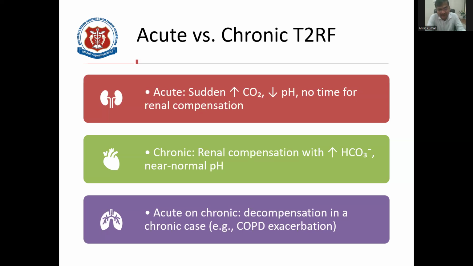So acute type 2 respiratory failure patients have low pH and almost normal bicarbonate, while chronic type 2 respiratory failure patients have almost normal pH but high bicarbonate level. It is because of the time given to the kidney to compensate the high CO2 through bicarbonate.